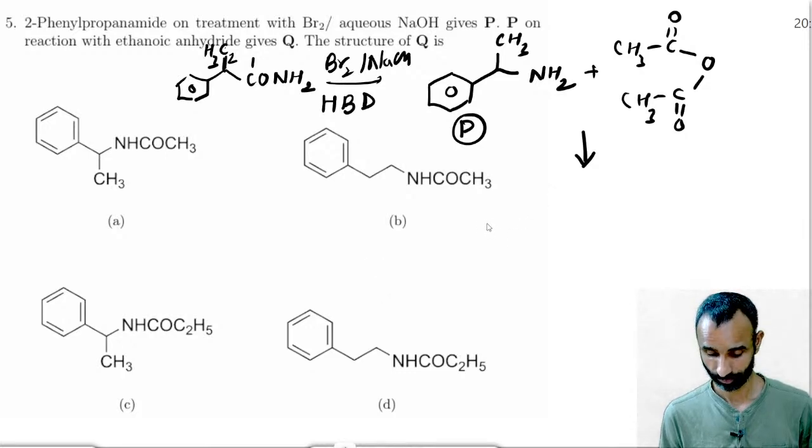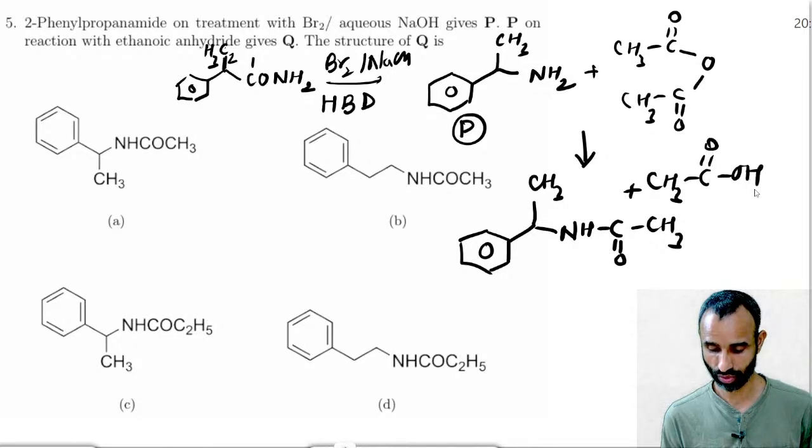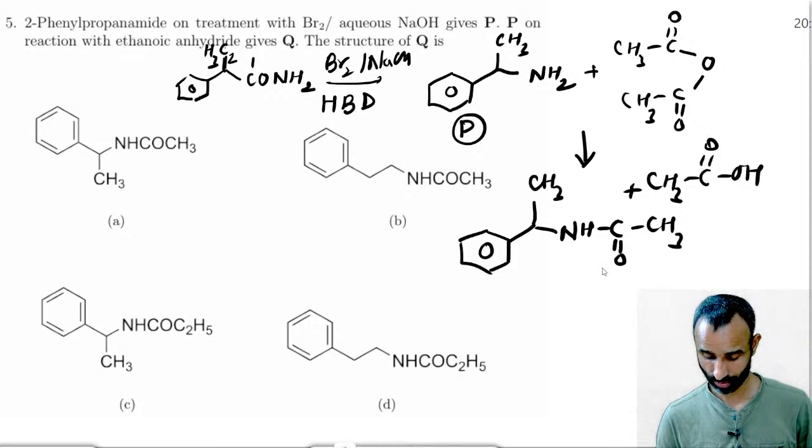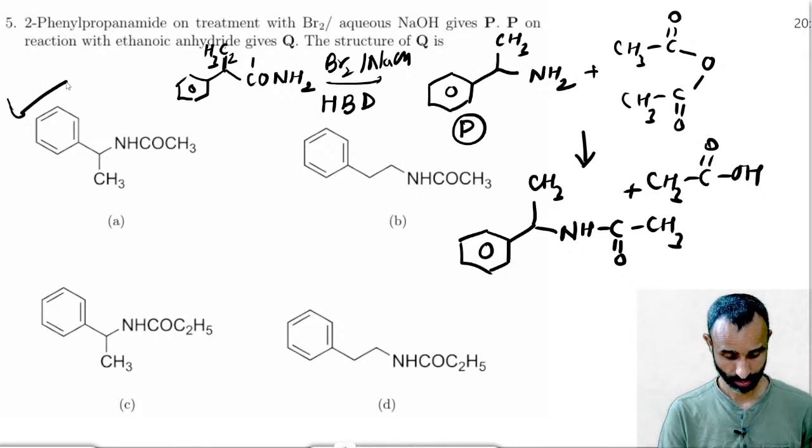So the benzene ring with CH3, NH, CO, CH3 along with CH3 C double bond O OH. Which one is the right product? Option A is right.